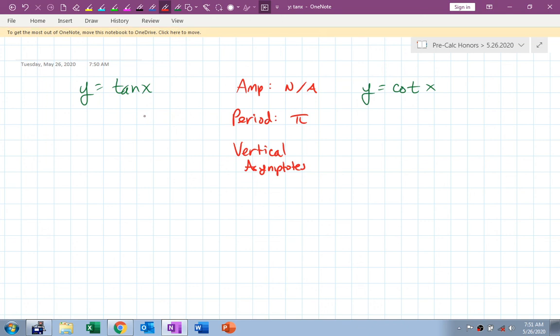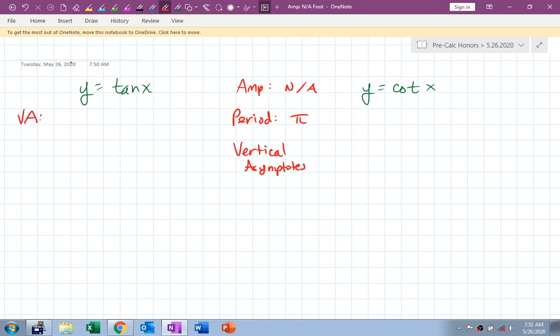So tangent, since there is no amplitude and the period's always pi, well, we assume it's pi. It's going to be a little different in a minute, because depending on what's in front of x, you have to find your vertical asymptotes.